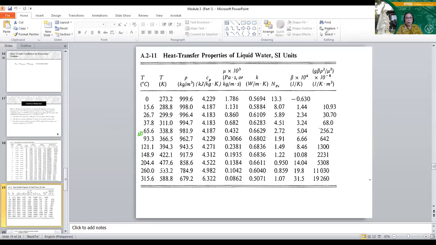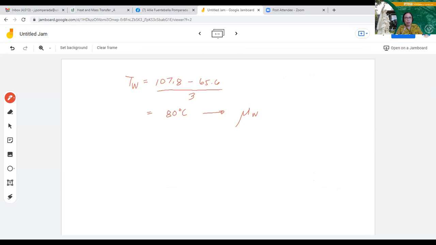Okay, so I'll go back to our Jamboard. Using this particular temperature, and showing you the table where you get it, there's a need for you to use interpolation. The viscosity at that particular wall temperature is 3.56 times 10 raised to -4 Pascal seconds.